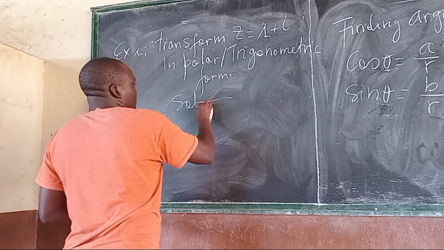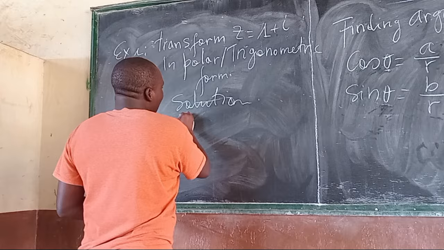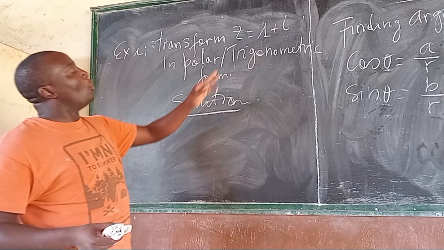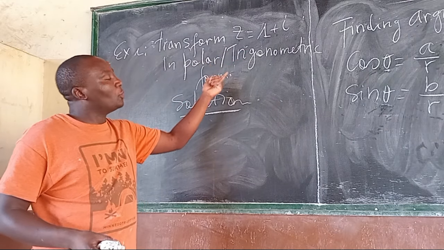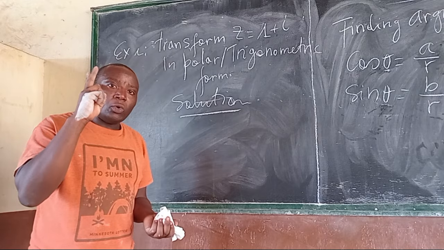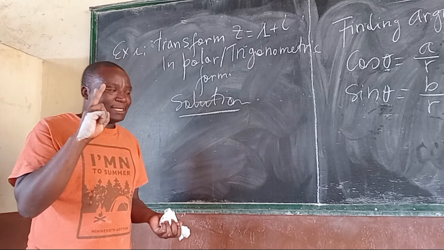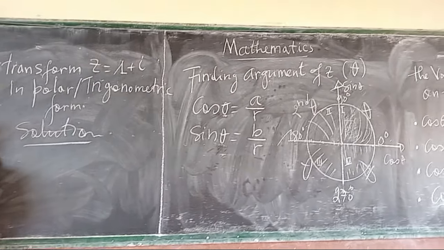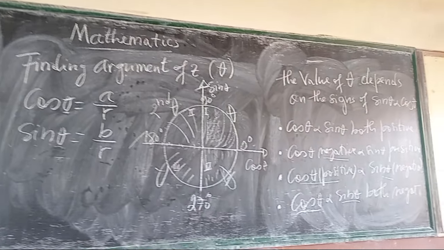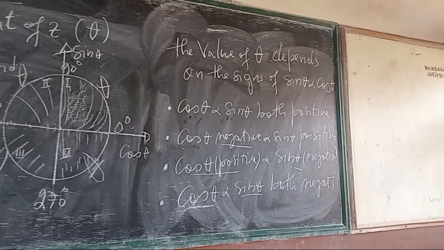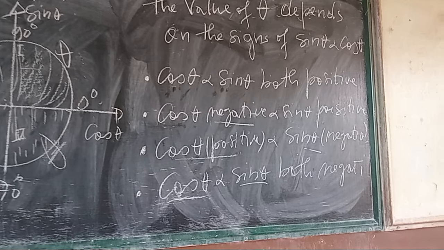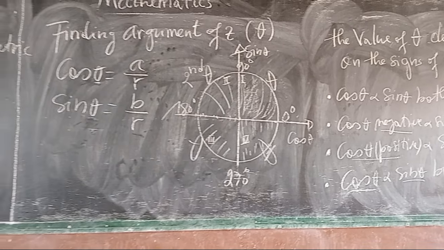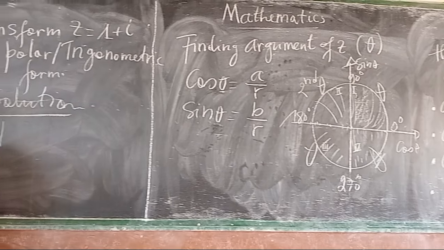Solution. Teachers, as we said before, to express a complex number in polar or trigonometric form, you must know two principal things. The first thing to do is find the modulus, which is the same as the absolute value of z. Modulus equals how many?